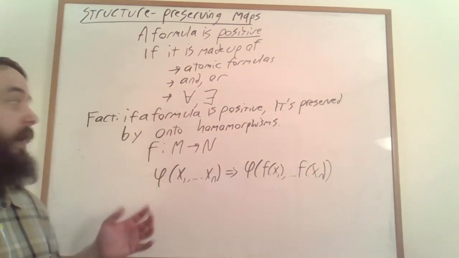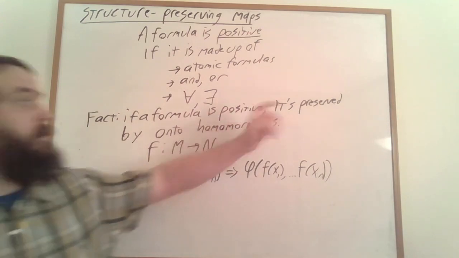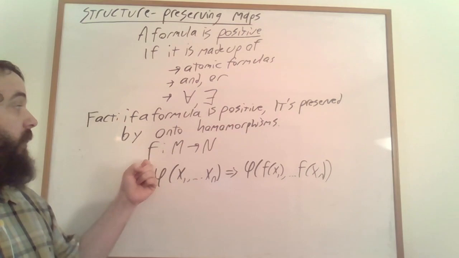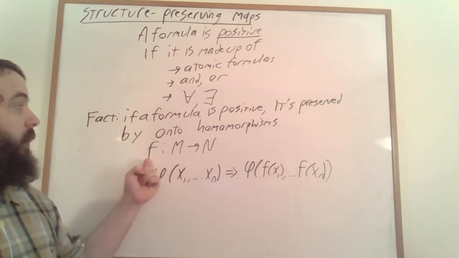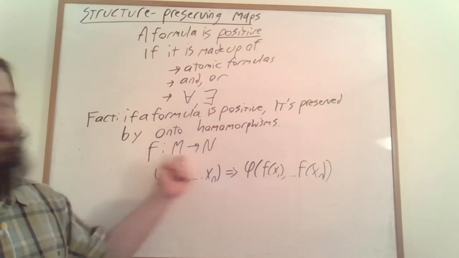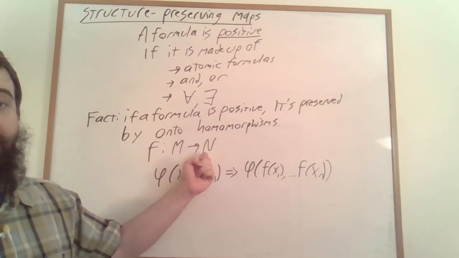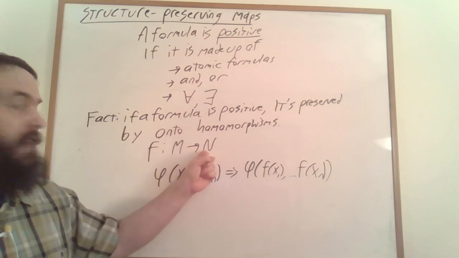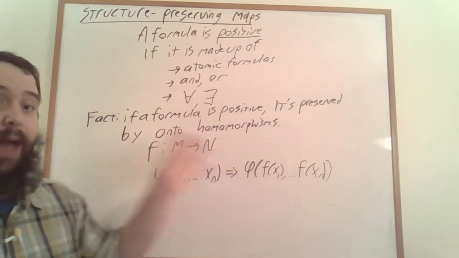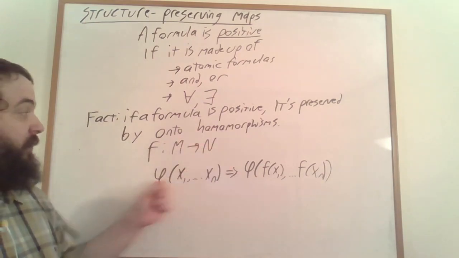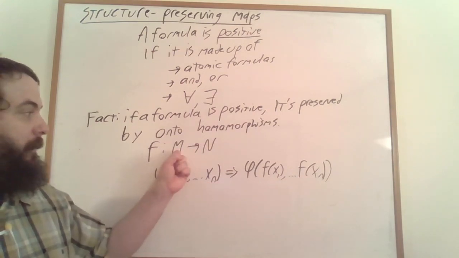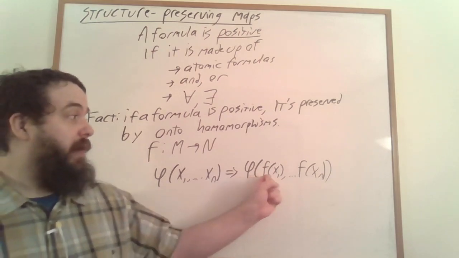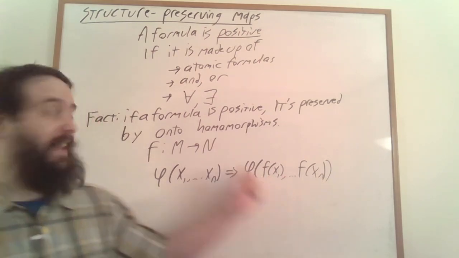So it turns out that if a formula is positive, then it's preserved by onto homomorphisms. So suppose that we have a homomorphism from one structure M to a corresponding structure N, and this homomorphism is onto. That is, there's nothing in N that isn't getting mapped to. Then if our formula is true in M, the translated formula is true of the translated elements in N.